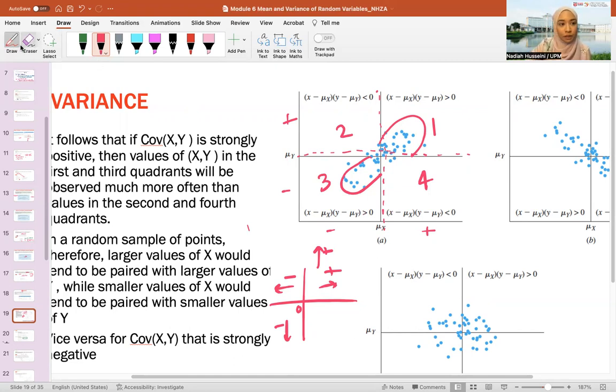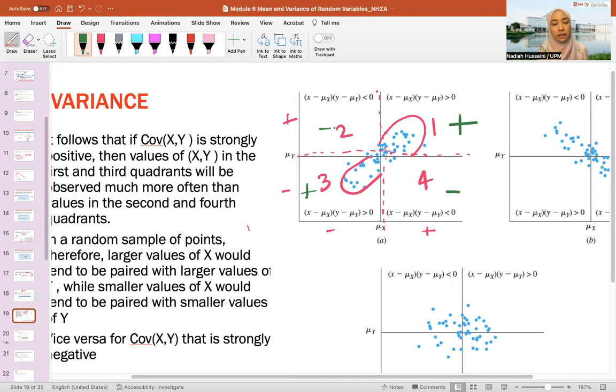Okay. So now, if we know that going up and going to the right is positive, then positive with positive tells me that this value over here is positive. Negative with negative also gives me a positive. A positive with a negative gives me a negative, and a negative with a positive gives me a negative.